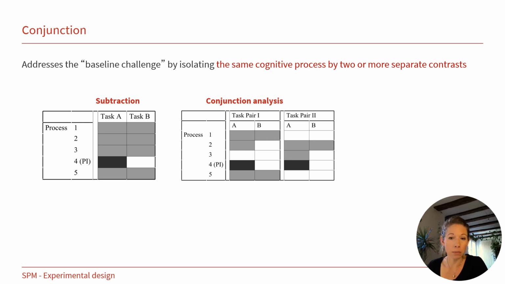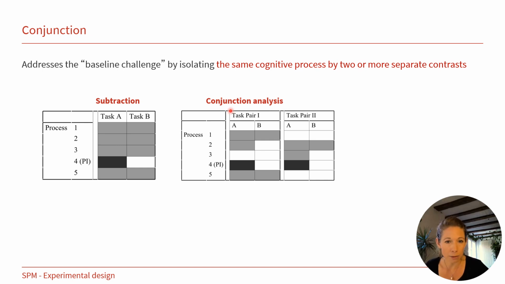So this is a schematic depiction of the cognitive subtraction and conjunction rationale. In the cognitive subtraction here on the left side, let's assume we have two tasks, task A and B, and we have 5 processes. Those two tasks are perfectly matched except for process number 4, which is our process of interest, PI. Again, we know that pure insertion is the exception rather than the rule. We can expect interaction effects, and we're not happy with that situation, so we opt for a conjunction analysis.